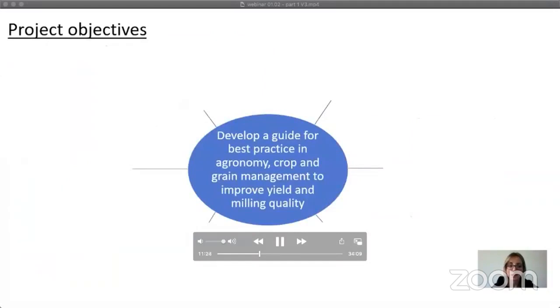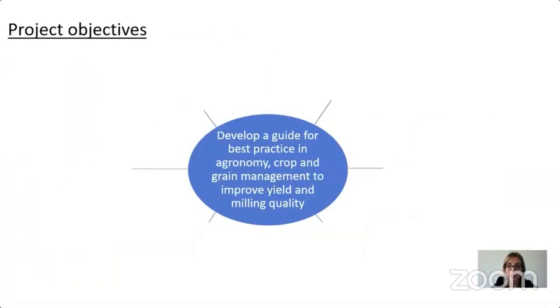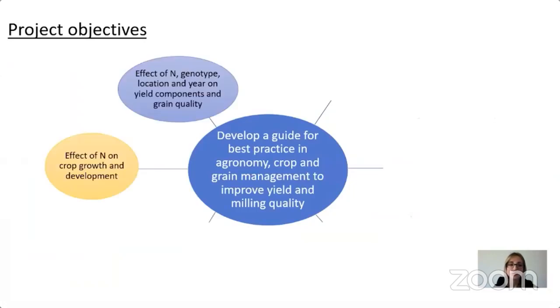My aim is to deliver a guide for best practice in agronomy, pre-harvest and post-harvest crop and grain management to improve both yield and milling quality. To do this, I'll be looking at the effect of different levels of N on crop growth and development and on yield components and quality of winter and spring varieties.